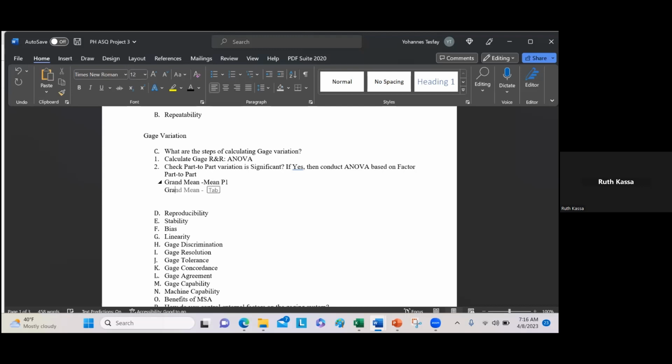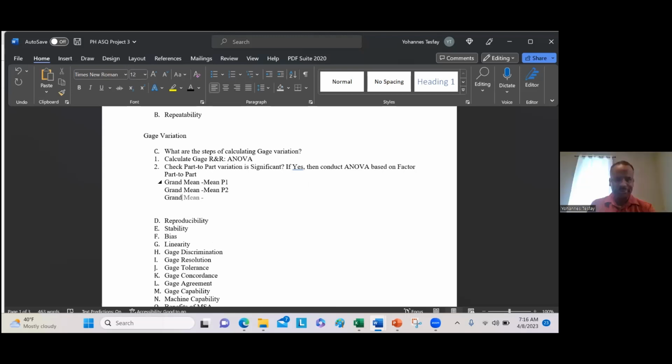Then grand mean minus the mean of part 2, grand mean minus the mean of part 3, and so forth up to 10.